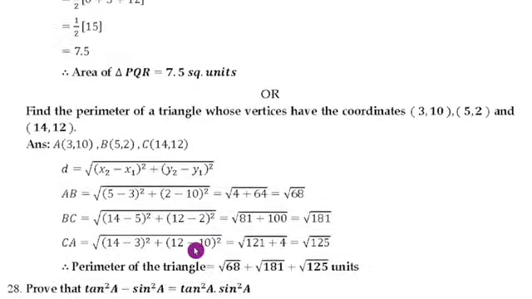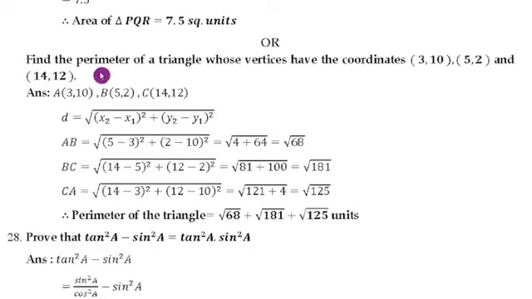So in this question also they have given the option. Find the perimeter of a triangle whose vertices have the coordinates 3, 10, 5, 2 and 14, 12. So they have given the three coordinates, that is A 3, 10, B 5, 2 and C 14, 12. So first you have to find the perimeter of a triangle, right?